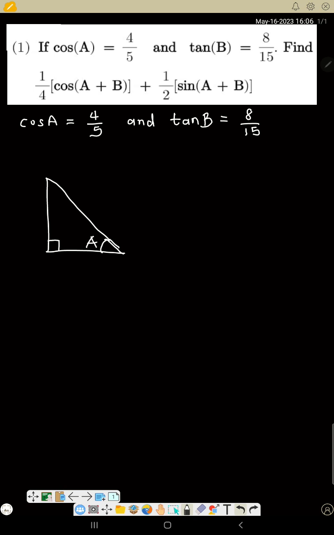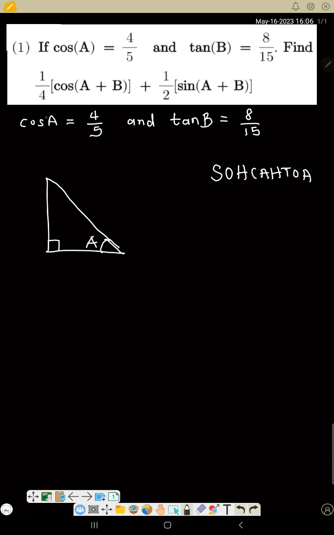Call this angle A. Now remember your SOHCAHTOA. S is sine, that means sine theta is opposite over hypotenuse. Cos theta is adjacent over hypotenuse. Then tan theta is opposite over adjacent.